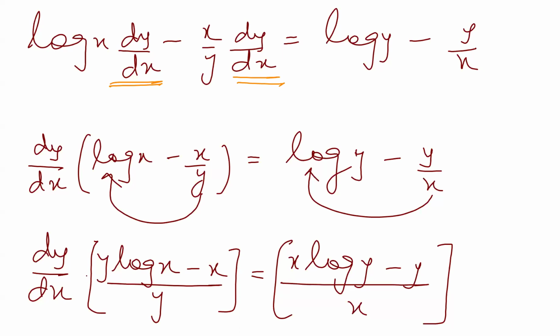So after this step, I'm going to cross multiply y over here and this entire term down. That is the last step of the problem.